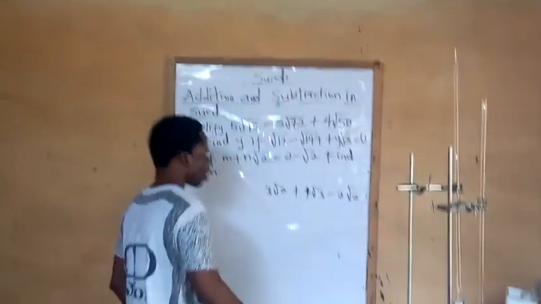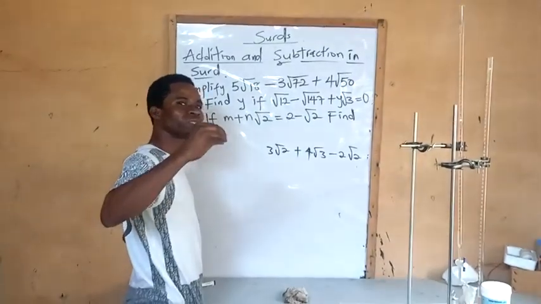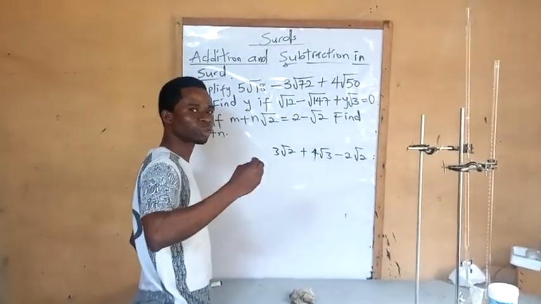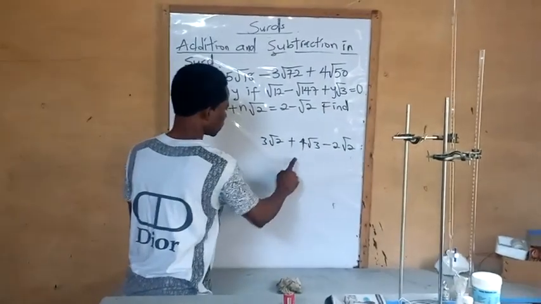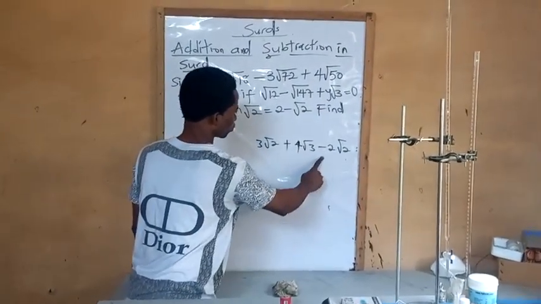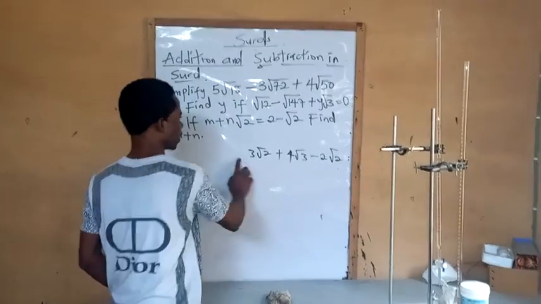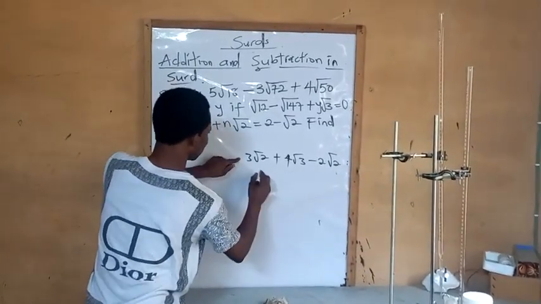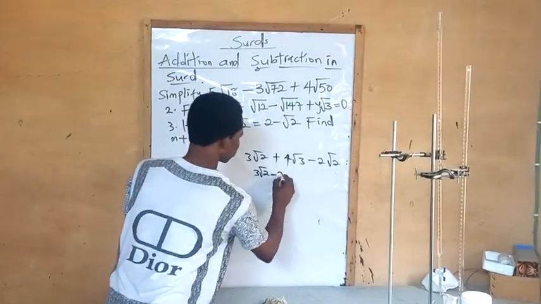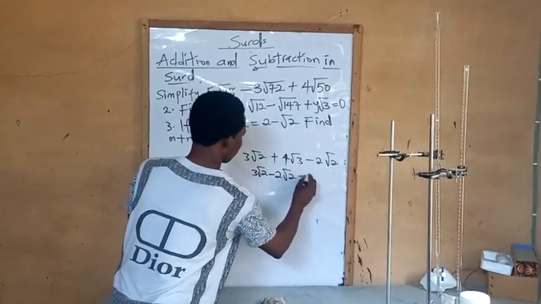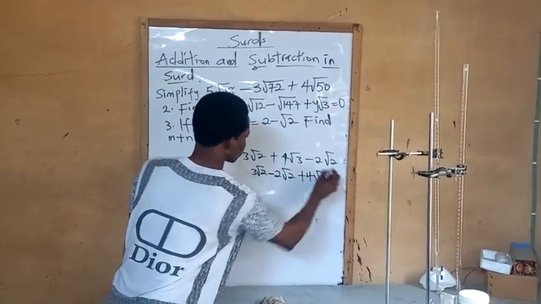Always take note of the conventional signs in front of them, I mean the plus and minus. This one is having plus, this guy is having plus, this guy is having minus. They are the ones that you can add together. You can say 3 root 2, minus 2 root 2, plus 4 root 3.